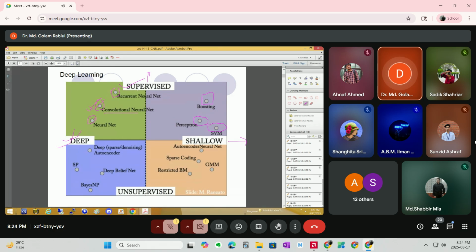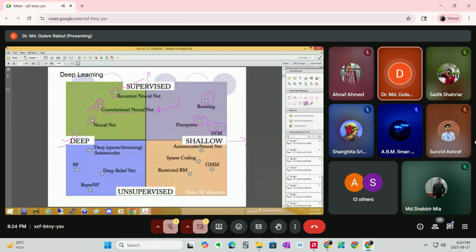That means we need a supervised data set with class labels, and it will follow the deep architecture. So usually the neural network or convolutional neural network has a deep architecture.